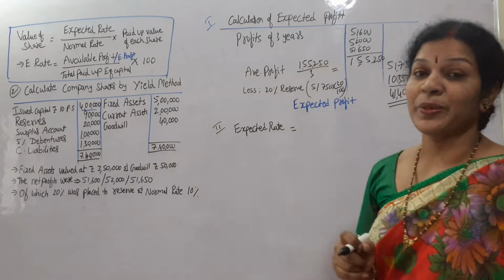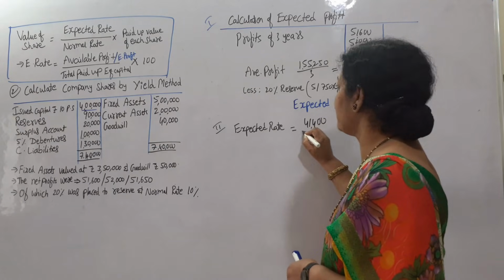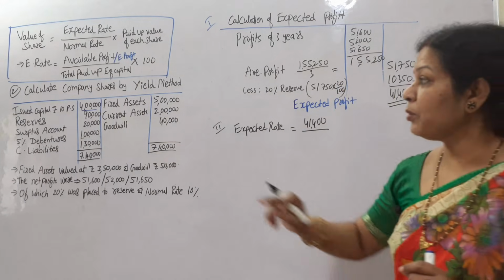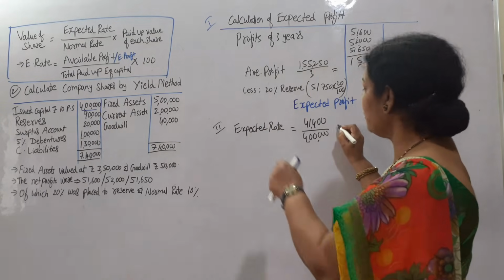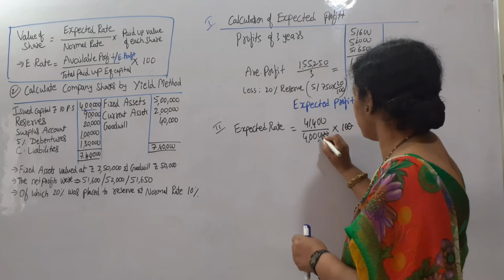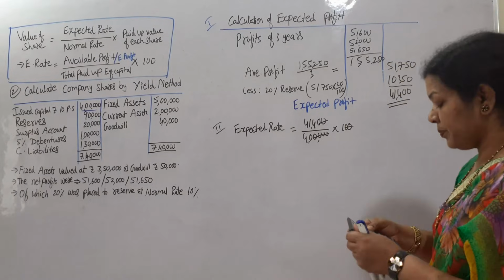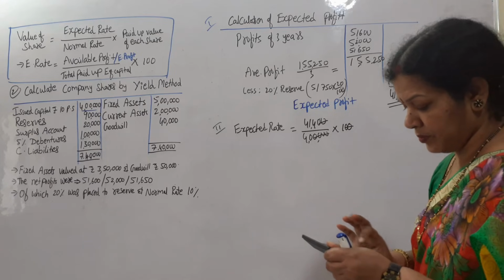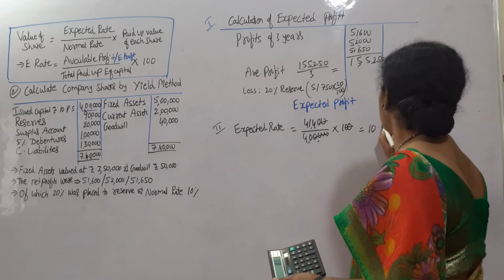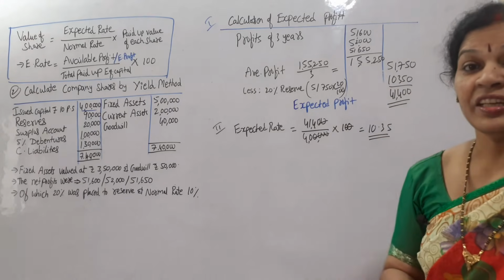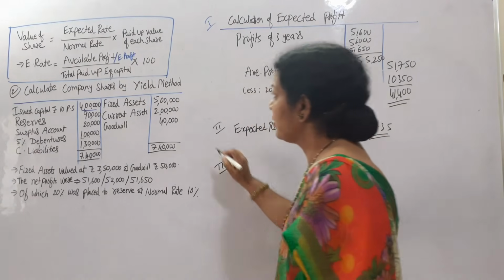Expected rate is equal to expected profit, 41,400, by total paid up equity capital, 4 lakh, into 100. 41,400 divided by 4,000 is 10.35. So 10.35 is the expected rate. Once you get the expected rate, take the direct formula and write it.